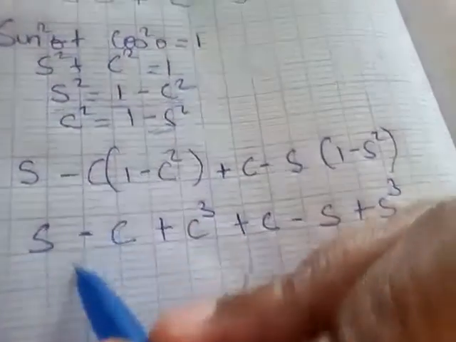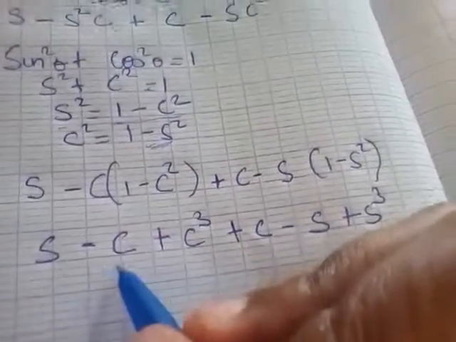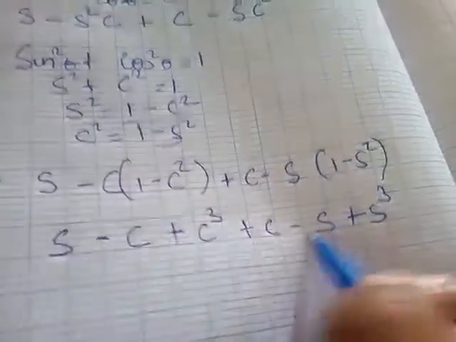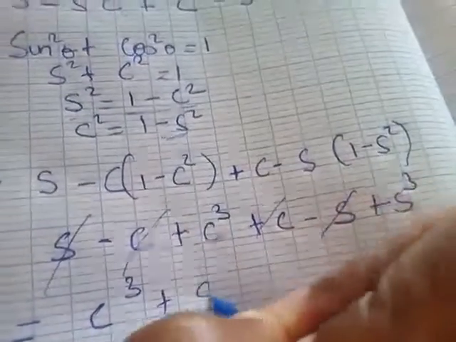So what do I see? I can cancel this expression. I have S minus S, so this can be cancelled, and then C. So what do I get? I get C cube plus S cube. What do I know from the substitution?